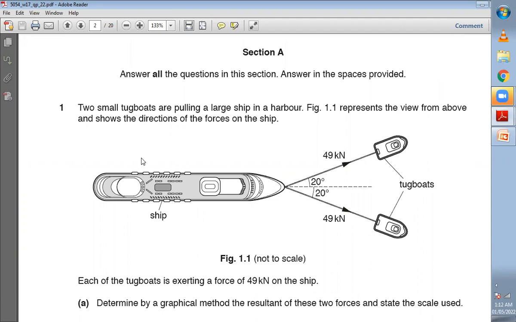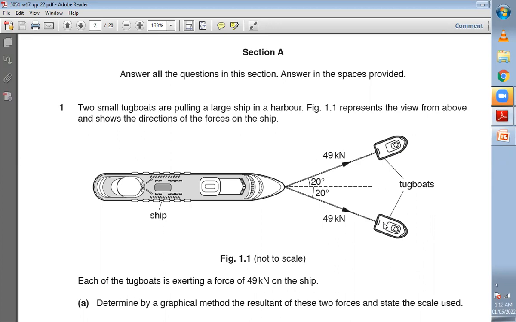So here we have a large ship, here two tugboats, and they are connected with this large ship and they are pulling it. And the ship is going in a straight line towards the right side, and they both are pulling, making a 20-degree angle with this straight line in which the ship is going.